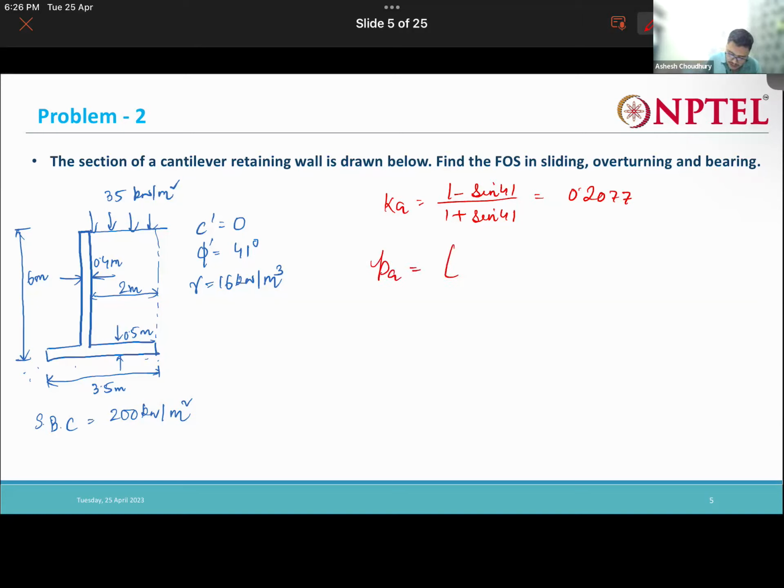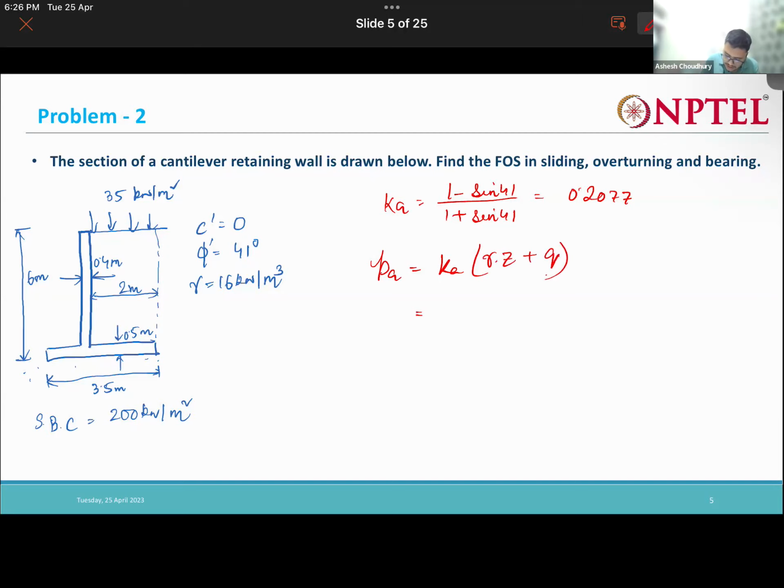PA will be nothing but K into gamma into Z plus Q, right?